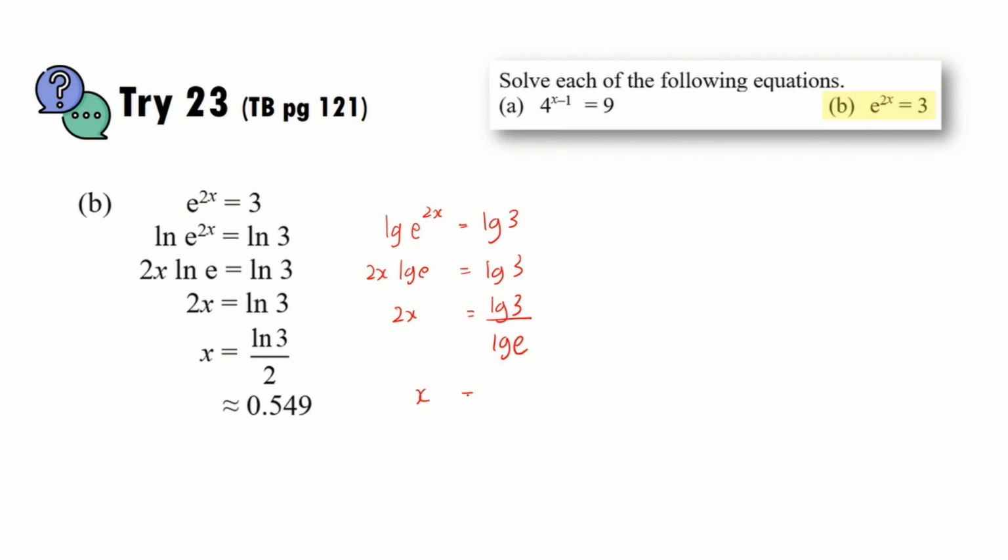Then after that, my answer will be as such. Eventually, even if you press this into your calculator, we will still get 0.549 rounded to 3SF. So using the natural log in this question really is to help us to reduce one additional part into the working.